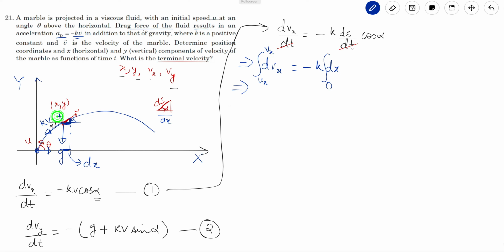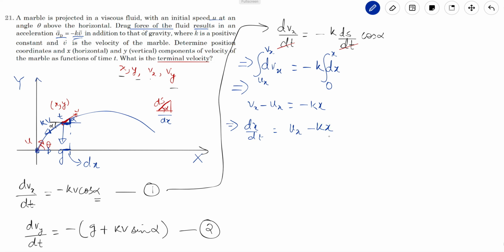Now we can write vx minus ux is equal to minus k, from 0 to x, so it becomes minus kx. ux is constant, ux is u cosine theta, and vx is dx over dt. So dx over dt is equal to ux minus kx.